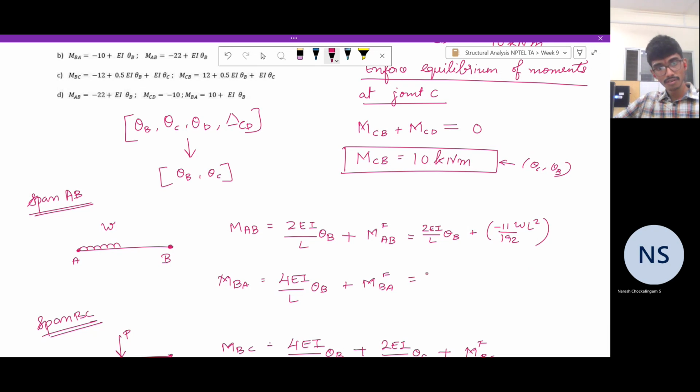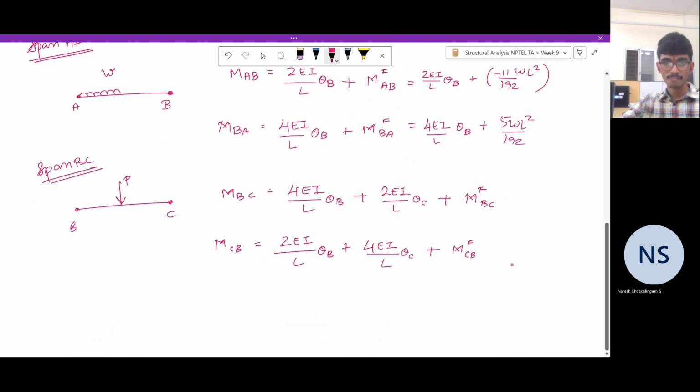This is equal to 4 EI by L theta B plus 5 WL square by 192. And similarly, MBC, so MBCF is nothing but minus PL by 8, and this is PL by 8.